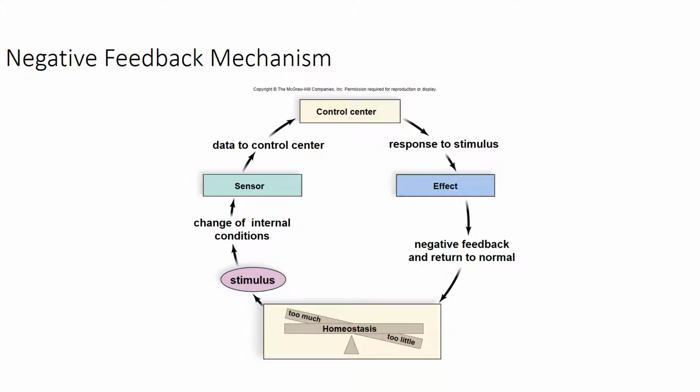The sensor will send a message to your brain, and your brain will send a message to your pancreas to lower your blood sugar down, and basically your pancreas will just release lots of insulin. And when insulin is released, it's a hormone, it will lower your blood sugar levels, and blood sugar will return back to normal, and you will resume homeostasis. Okay, and once everything's back to normal, the pancreas is not going to be stimulated anymore to secrete insulin, and that generally happens every time, right after we eat.